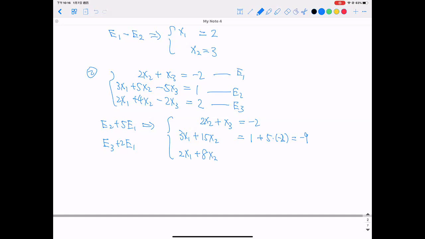Again, the choice of adding 2 E1s to E3 is because E3 has negative 2x3 and 2 E1 have 2x3, so that will cancel. Then I'll have 2 plus twice negative 2, so that's 2 minus 4, negative 2.